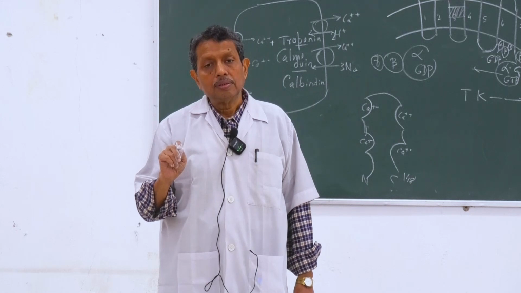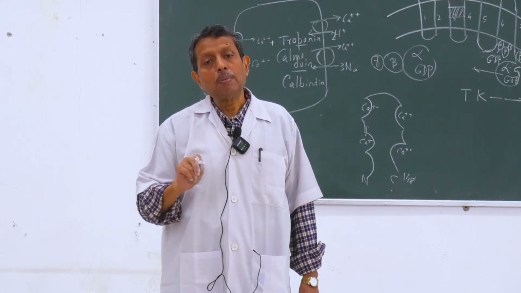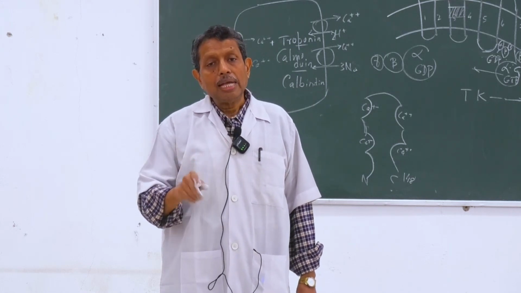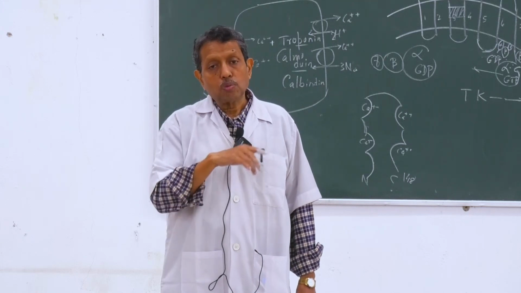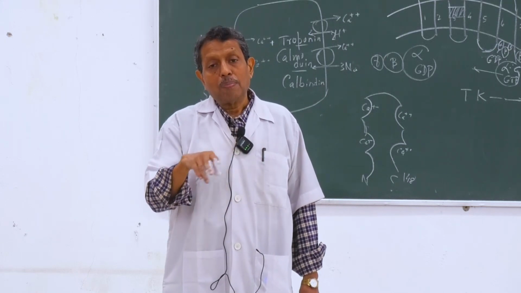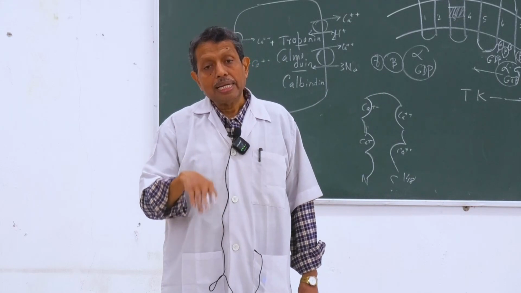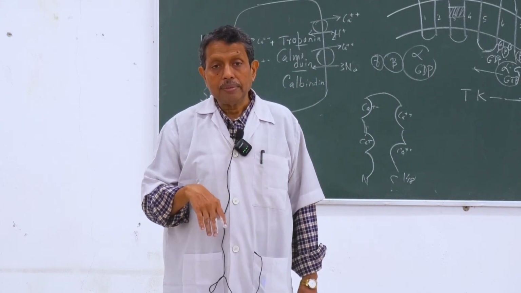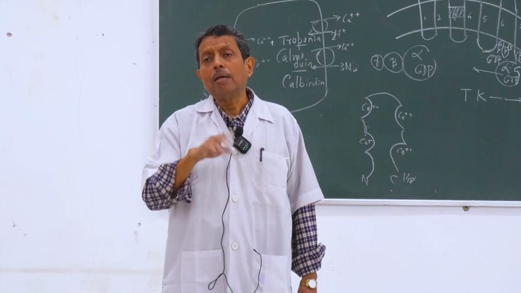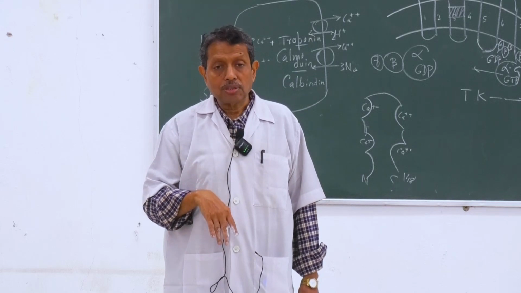Or other kinases may be present, like MAP kinase, transforming growth factor beta by means of some cytoplasmic protein. It has some kinase activity. So nature has a diverse way of doing its action.